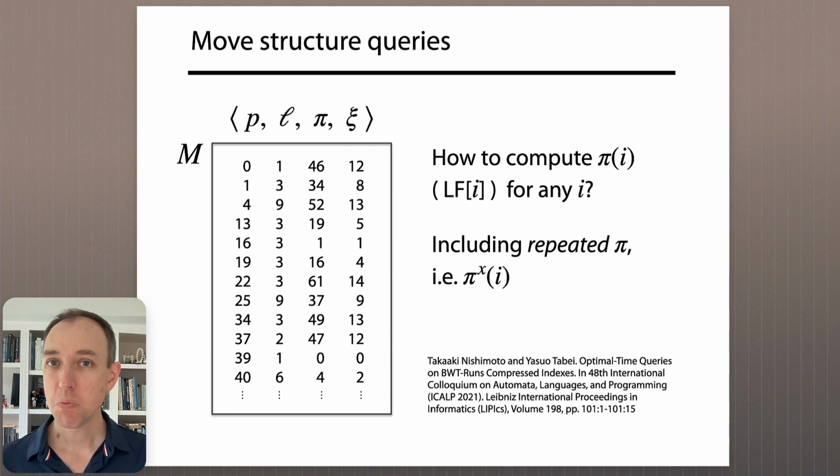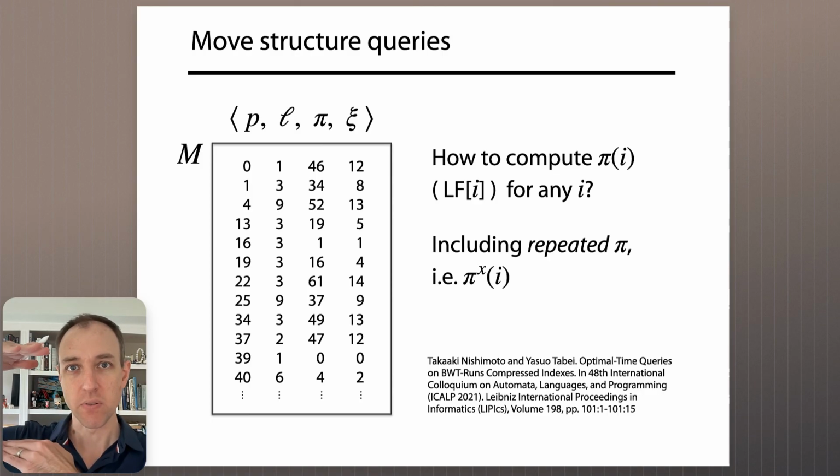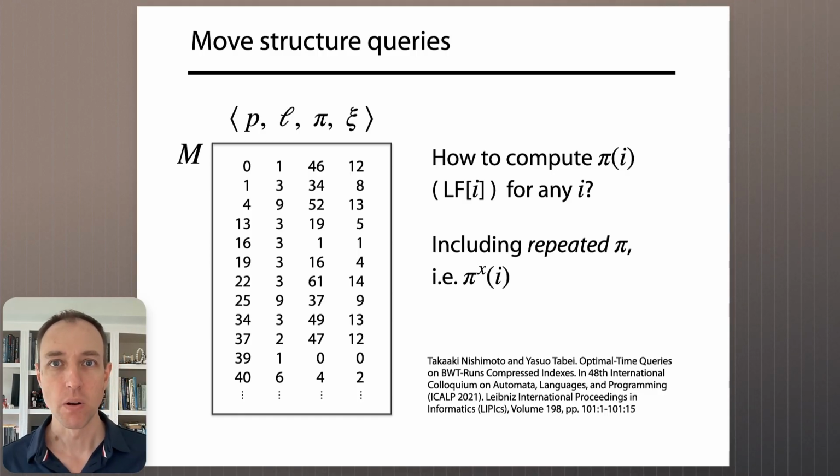And maybe more specifically, how do we compute the kind of repeated pi of i's that we tend to need in practice? In other words, when we LF, we usually LF repeatedly. Maybe we're doing the match query, and so we're LFing from the top and the bottom of a range of rows. Maybe we're doing an extract query, we're extracting part of the text. Maybe we're doing LFs to get to the nearest suffix array sample.